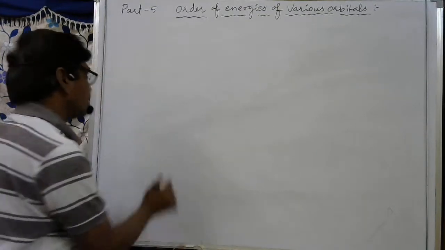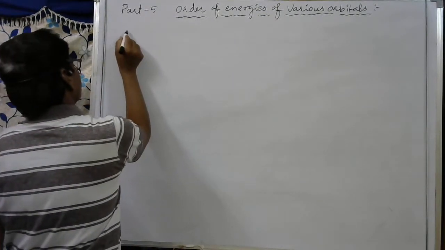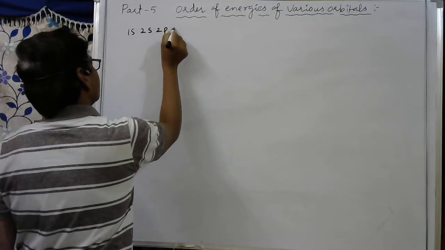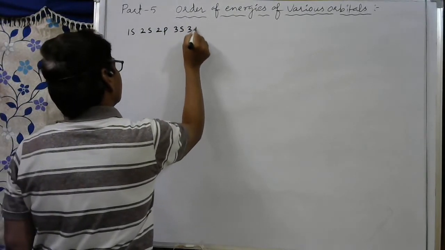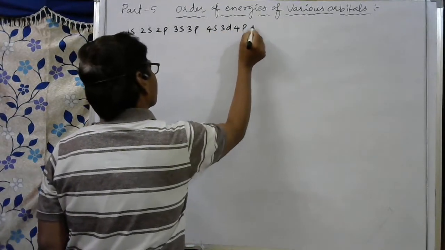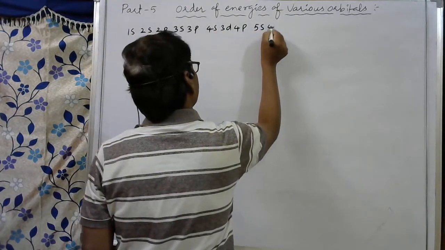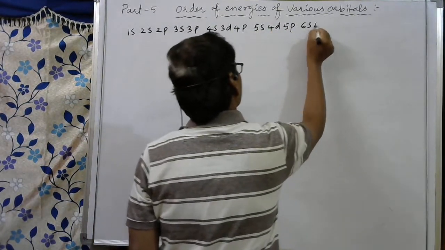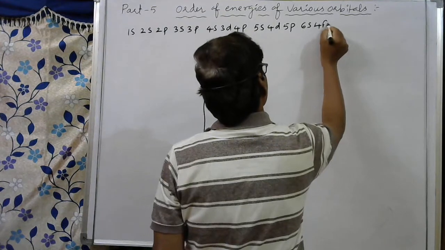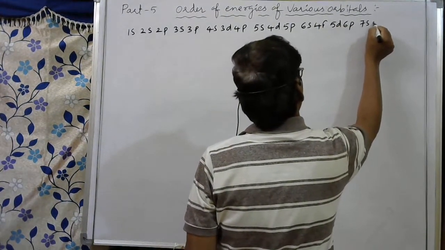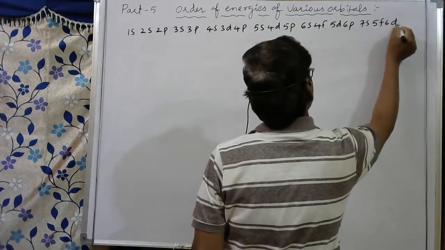See, one more time here I am writing the order of energies. First 1s, then 2s, 2p, 3s, 3p, then 4s, 3d, 4p, 5s, 4d, 5p, then 6s, 4f, 5d, 6p, 7s, 5f, 6d, 7p.